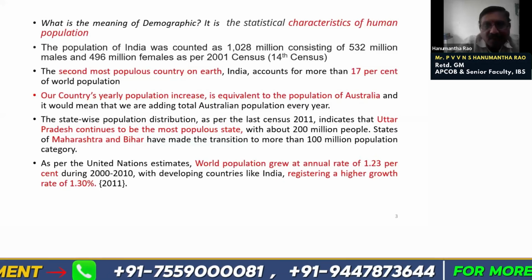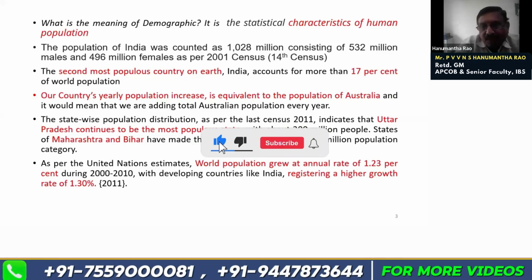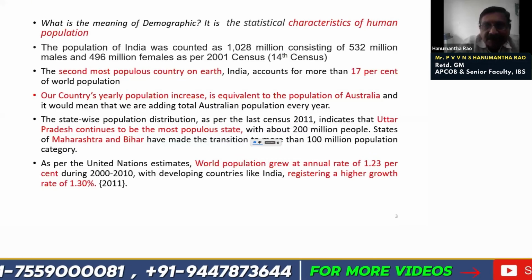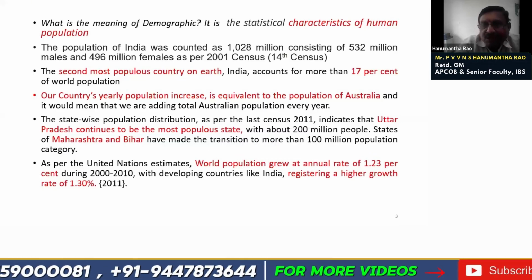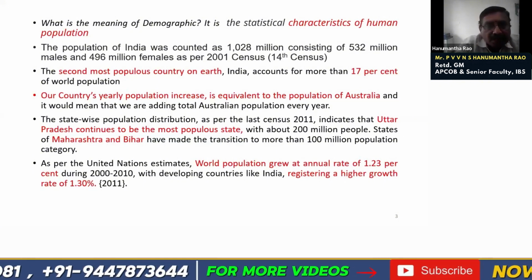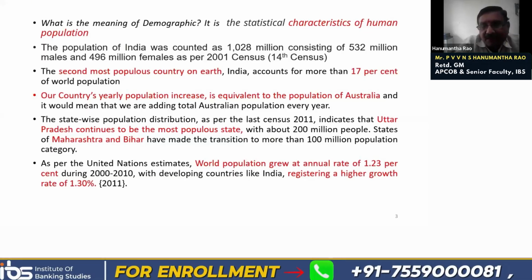So it is more than the global rate of growth. India has recorded 1.30, whereas world population growth rate is only 1.23. So we have to remember all this statistical information, friends.